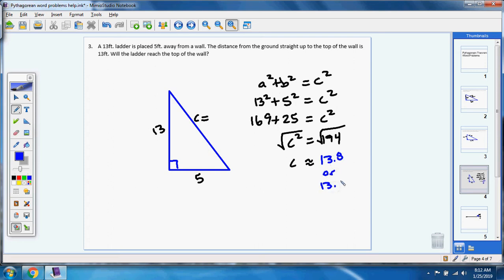We really don't know right now, but we don't need to know the exact because if I know that my C is, let's just say the smaller one for right now, 13.8, it's asking, will the ladder fit to that top of the wall? So if you can, get out your highlighter.